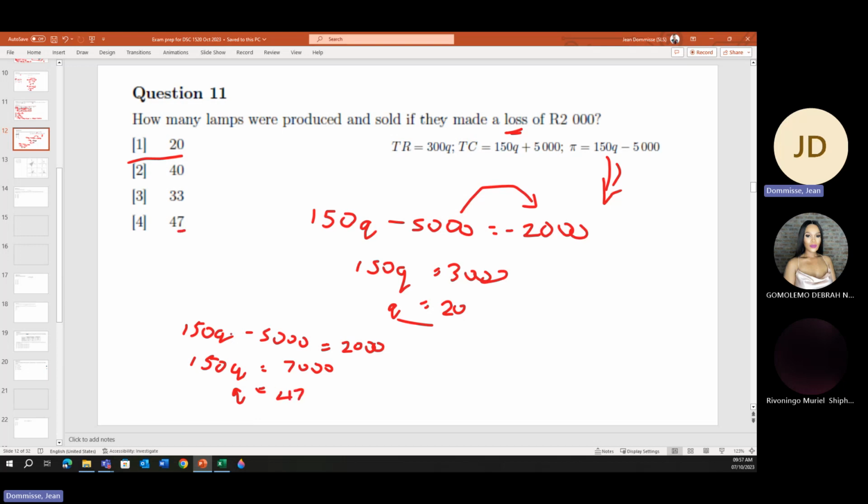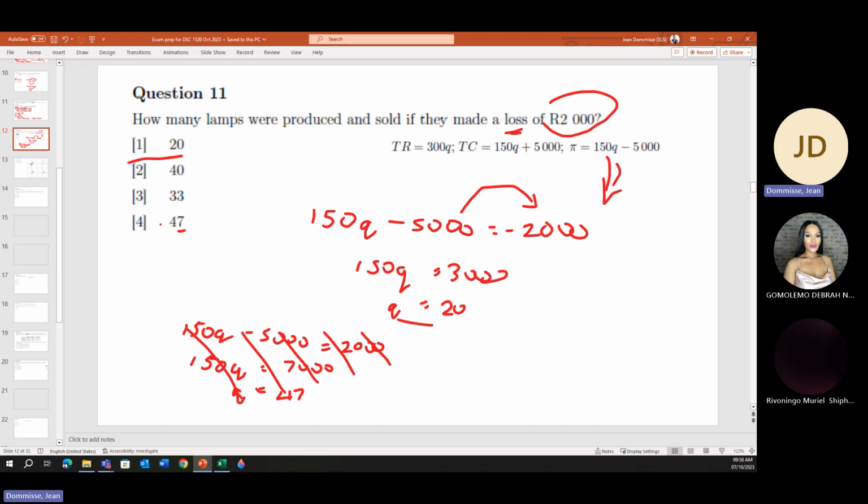Okay, which is actually there. But remember, we're not making a profit, we are making a loss. So we need to remember in your profit function that your profit is negative. So we will need to say minus 2,000. But if you did not, unfortunately, there would have been an option for you as well, which would have been the wrong option. So when you do this, just be careful.